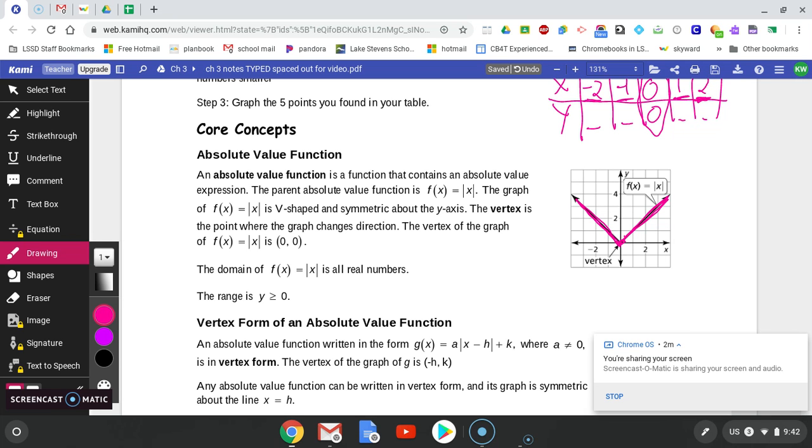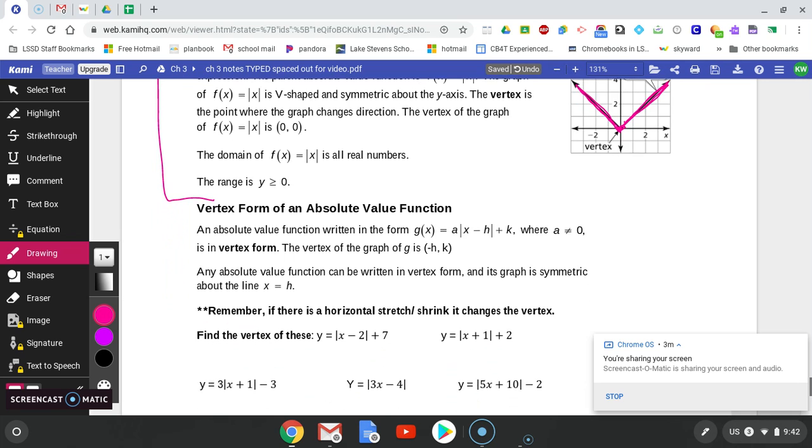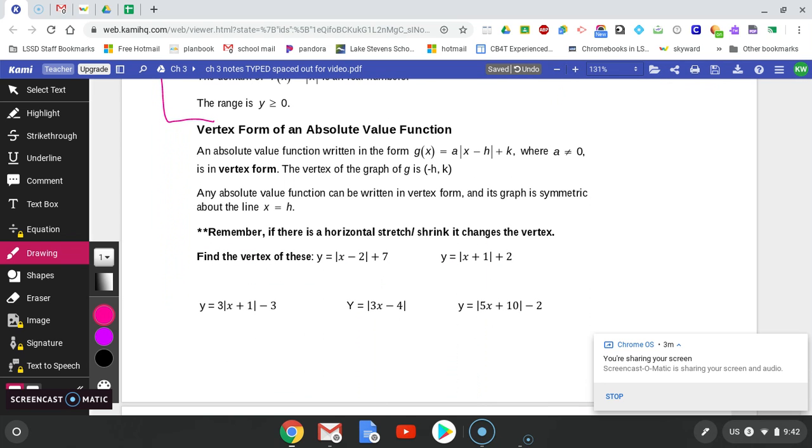Okay? So this part here, we've already written down in our vocab, so you don't necessarily need to write that down again, I'm just going back over and summarizing the vertex. The same thing here, vertex form, we've already talked about it. The one thing we didn't talk about was the line of symmetry. It's always symmetrical about the line x equals h.